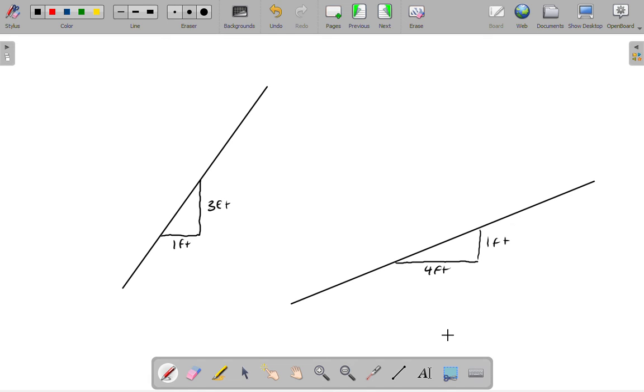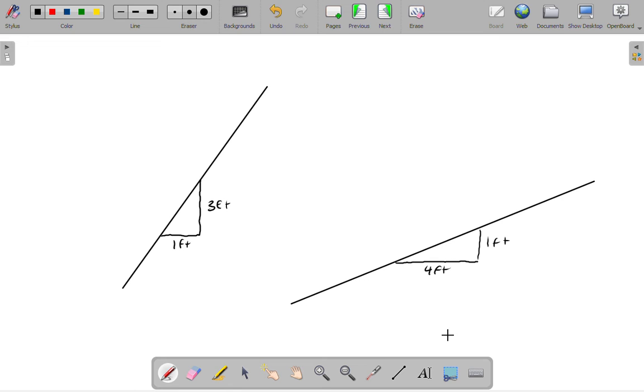That's a measure of how steep something is. If I go over 1, I have to go up 3 to get back to the staircase. That's a pretty steep staircase. This one, if I go over 4, I only have to go up 1 foot to be back on the staircase. That one's not nearly as steep.